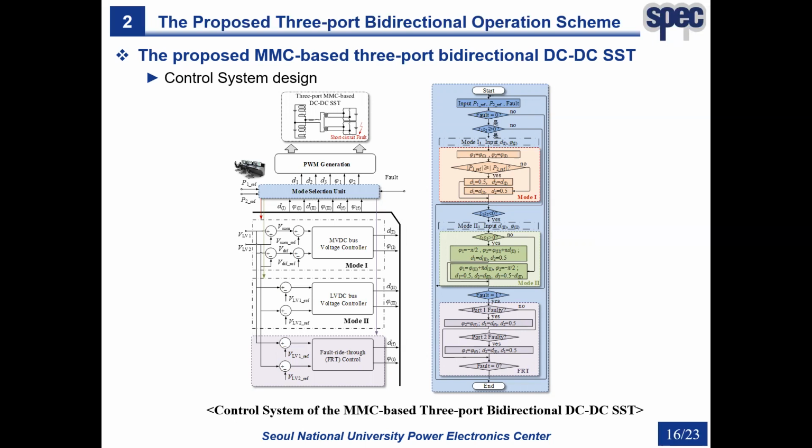Considering there is an MFC, the PWM generation unit contains a modulation unit and a voltage balancing unit. If a short circuit fault occurs, the FRT unit detects the fault and activates the designed fault ride-through strategy with active fault current control.